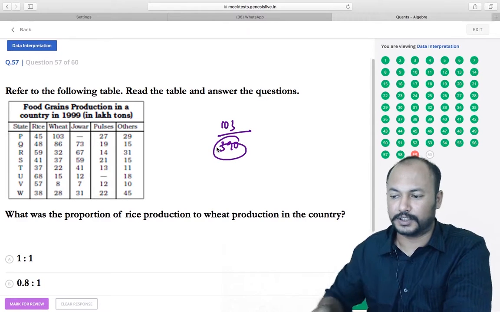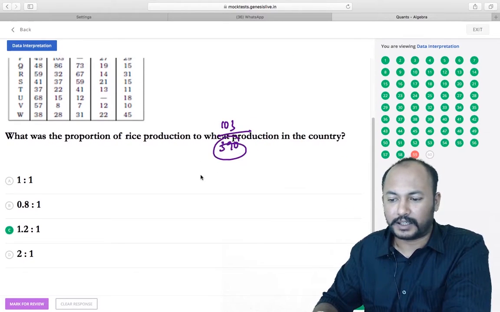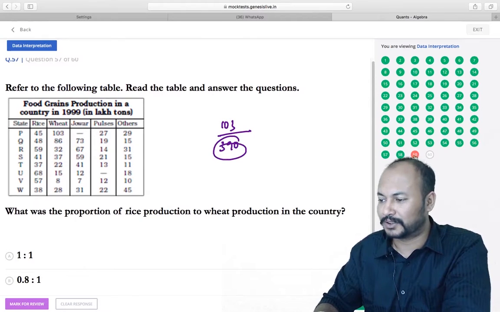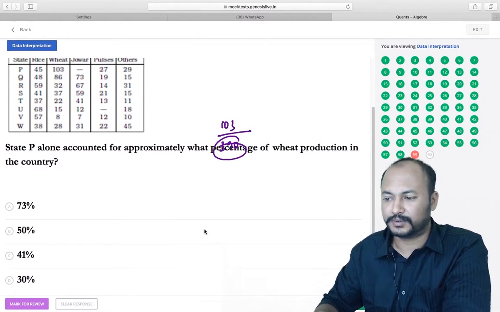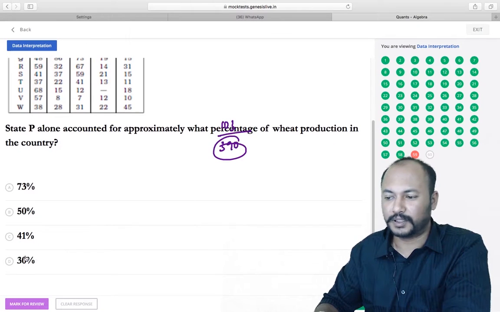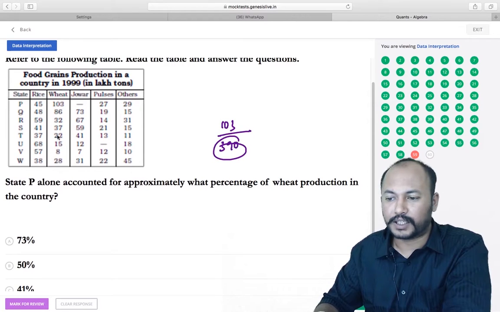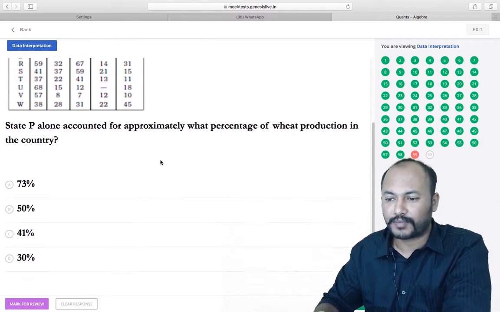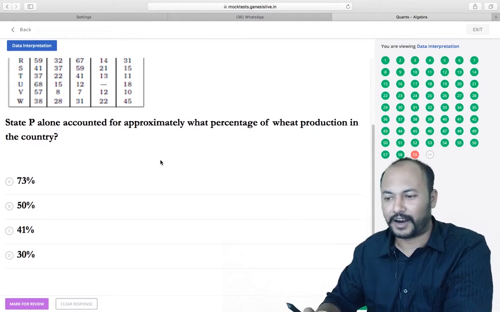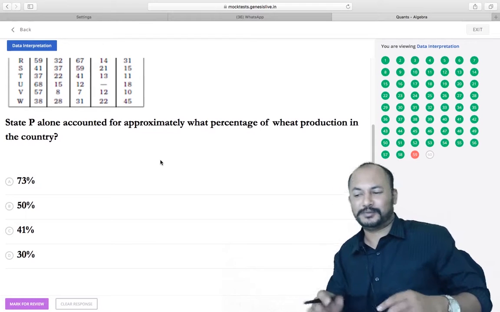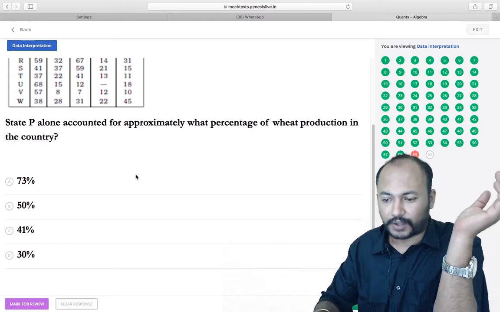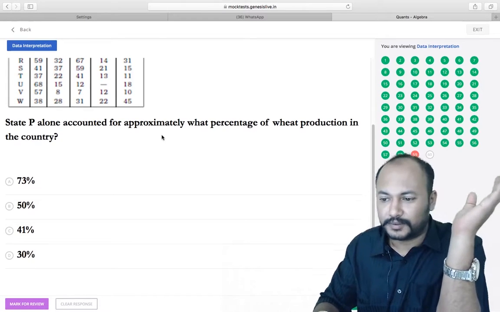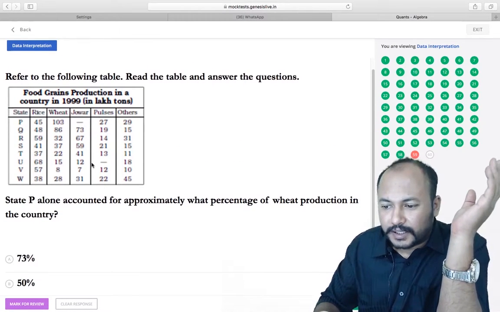Now this question: it's either 30% or 41% for sure, no doubts about it. Even if you look at the numbers, if I am in a hurry and the timer is running with only 5 seconds left, I will go with option D. Let's see.